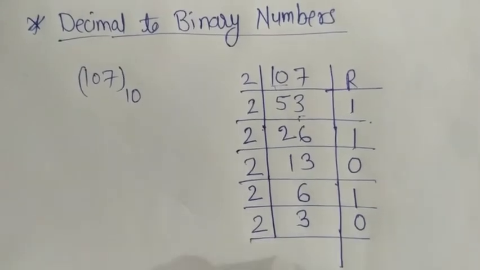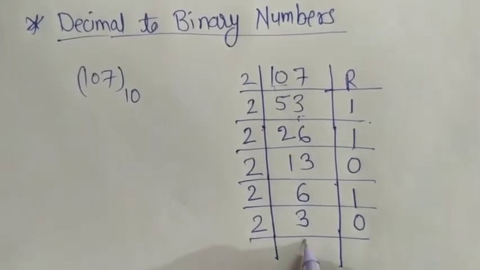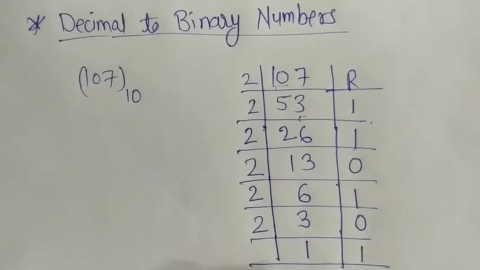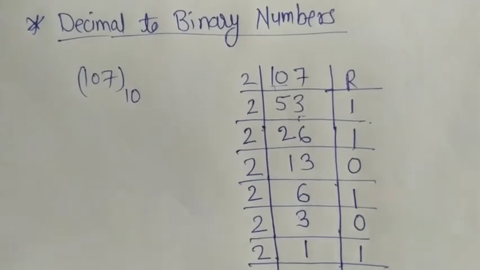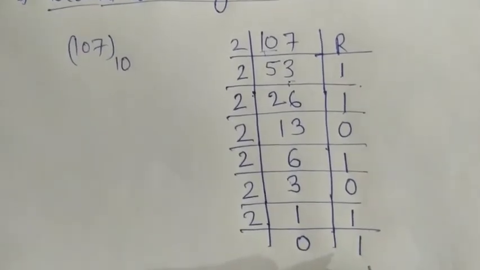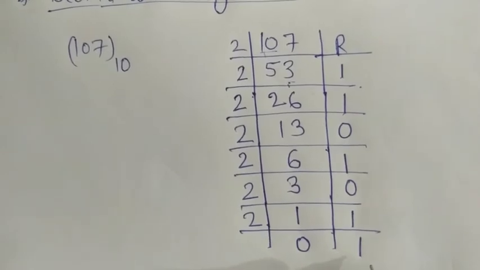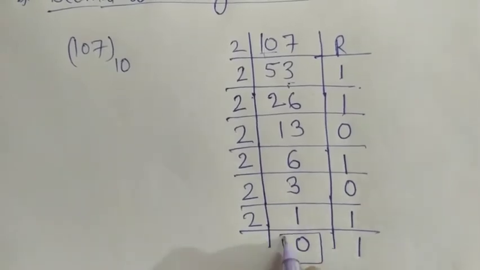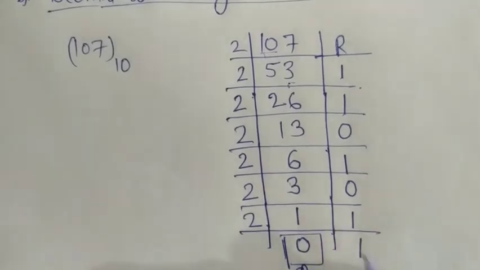Again with 2, I get quotient 1 and the remainder is 1. Again dividing by 2, the quotient is 0 and the remainder is 1. You need to divide till the quotient is 0, again and again by 2.